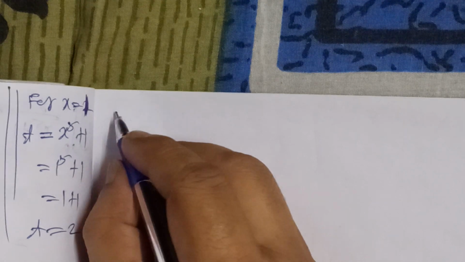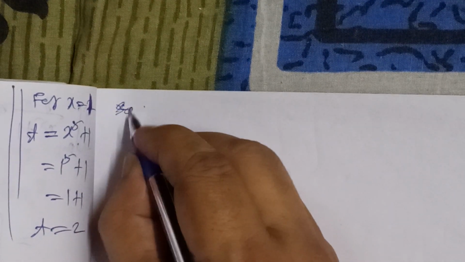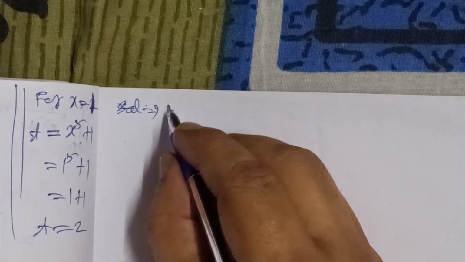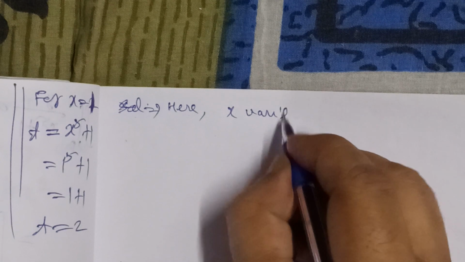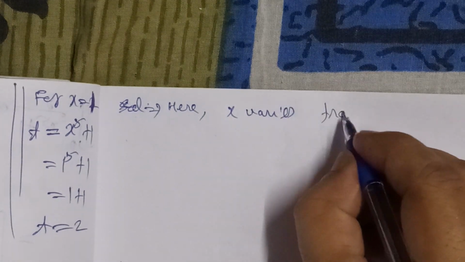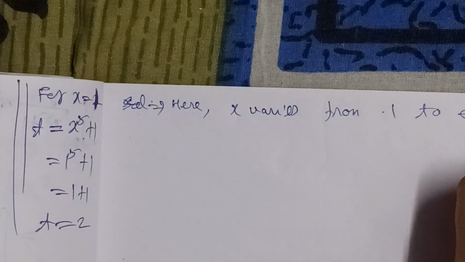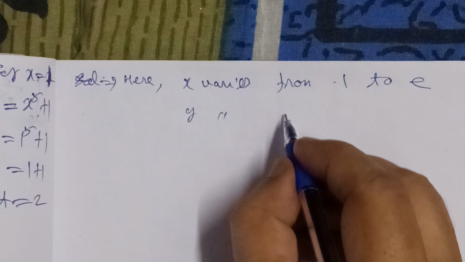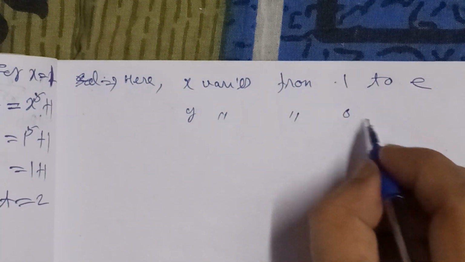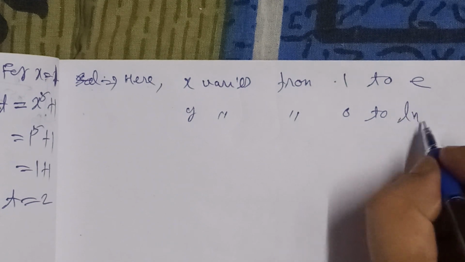In the solution we write that x varies from 1 to e and y varies from 0 to natural logarithm x.